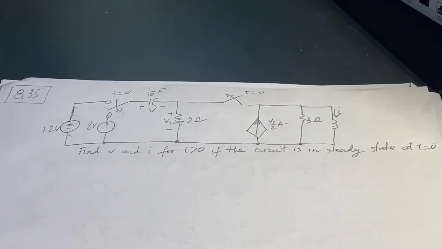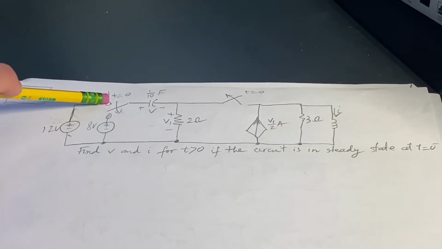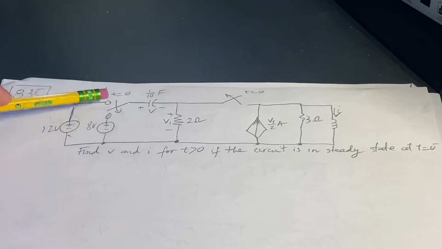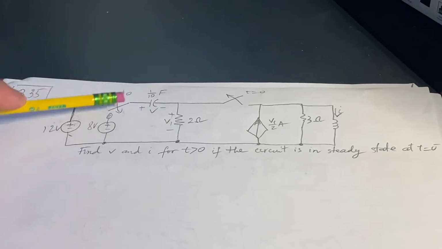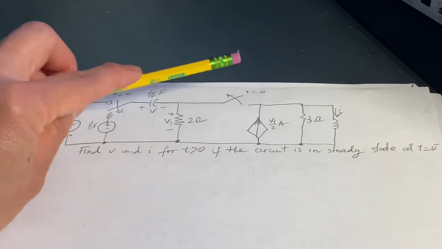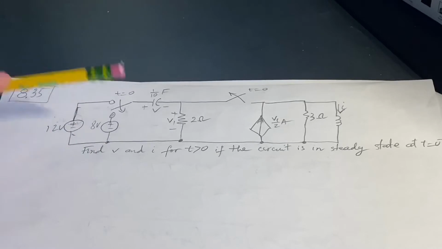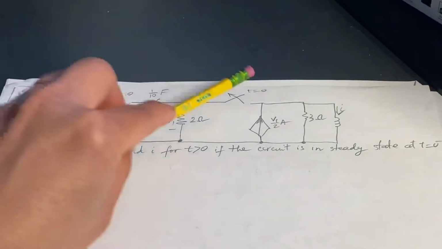Okay, so we have two positions. At t equal 0, this switch is at this position, and this switch is at this position. When t is more than 0, this switch opens, and this switch opens.